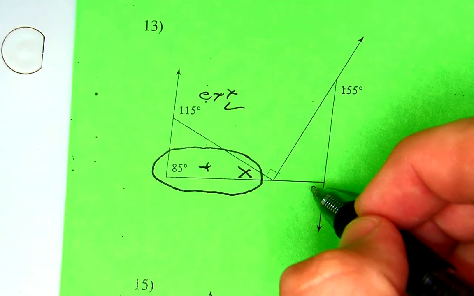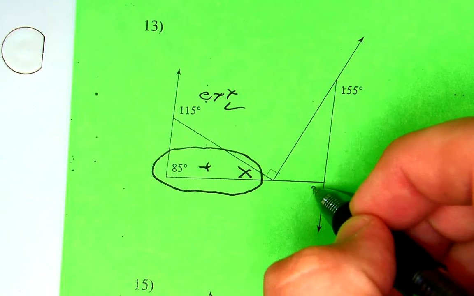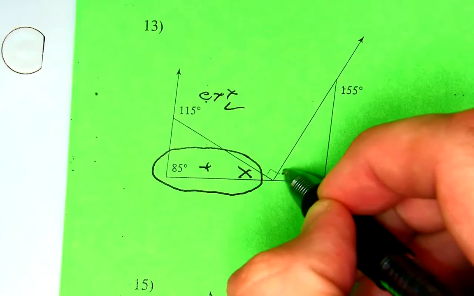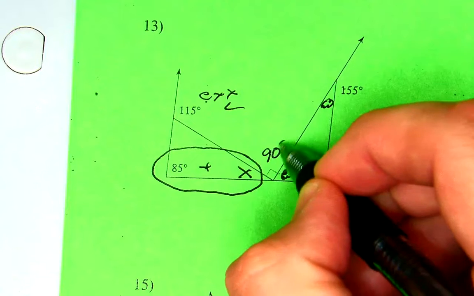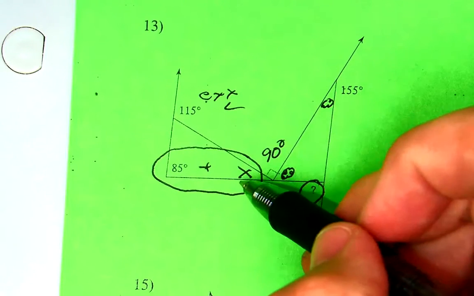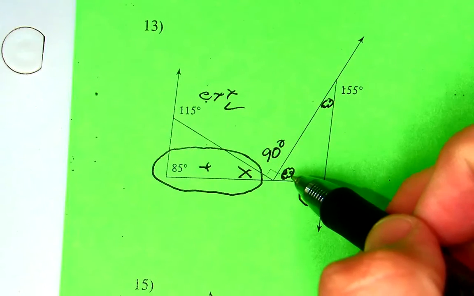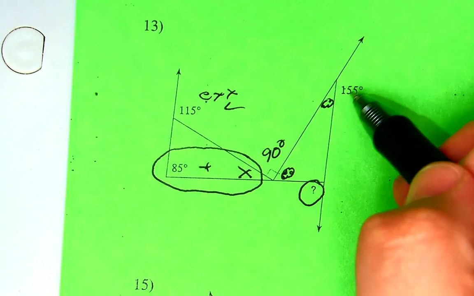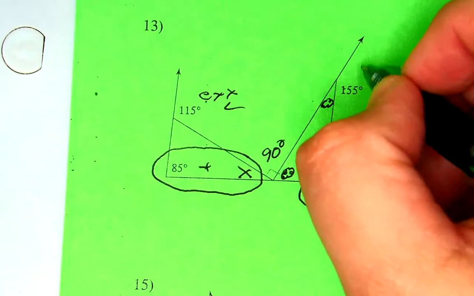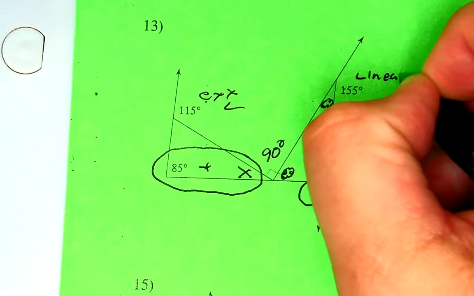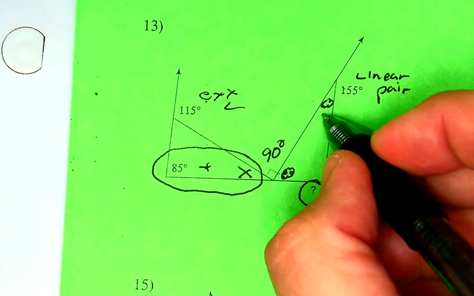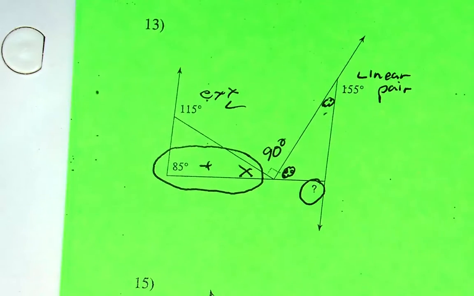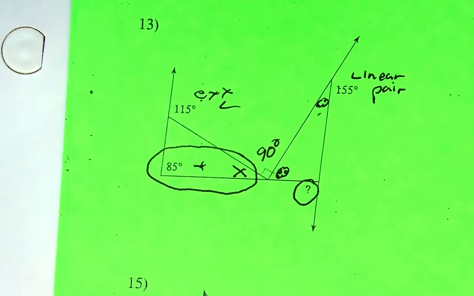This exterior angle, the angle that we want, is this angle right here and this angle right here. I got 90 degrees right there. I can figure out what x is. I can use 90. I can figure out what that guy is. And then I can use a linear pair here to figure out what that angle is. And I can figure out what the question mark is at that point.